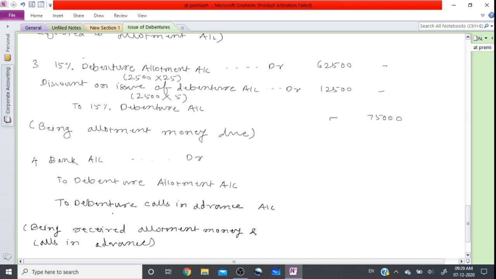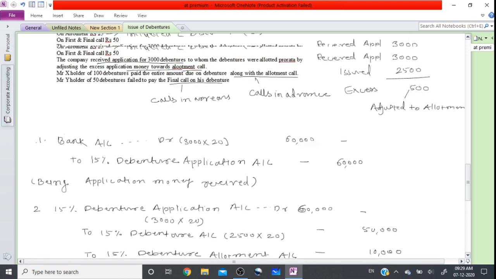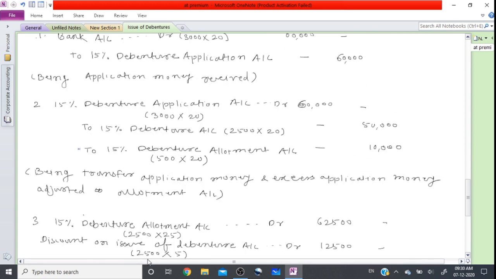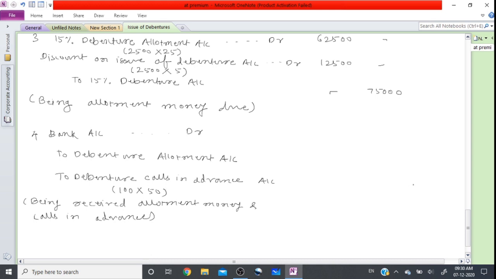So that holder who is holding 100 shares, who paid the entire amount due of his call money along with the allotment. So call money is 50. See here, call money is 50. So the calls in advance money is 5,000. Okay, and debenture allotment money.